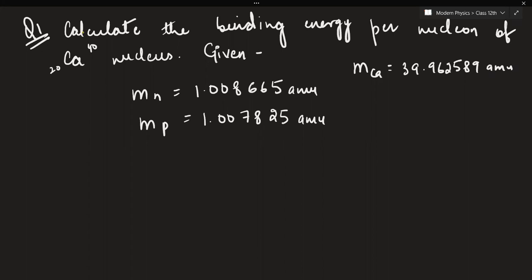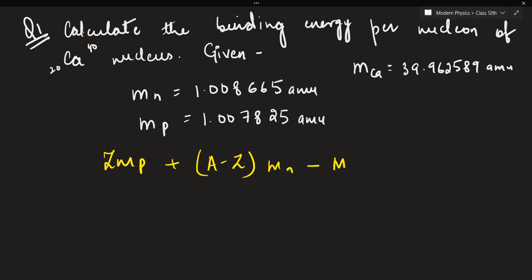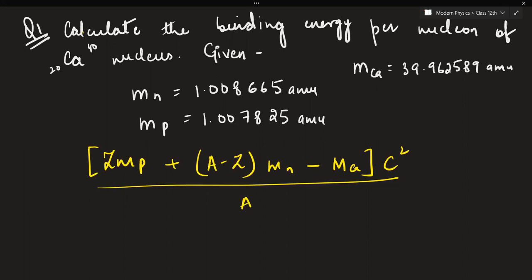Now see, how many protons are there? 20 protons. So remember, Z Mp plus (A minus Z) Mn minus M of the atom. We have to solve this, then multiply it by C square. That gives the binding energy. And we divide this entire term by A to get the binding energy per nucleon. Now let us substitute one by one.